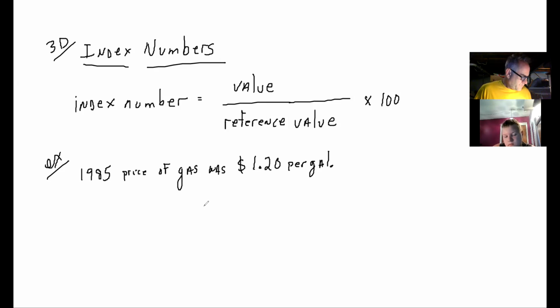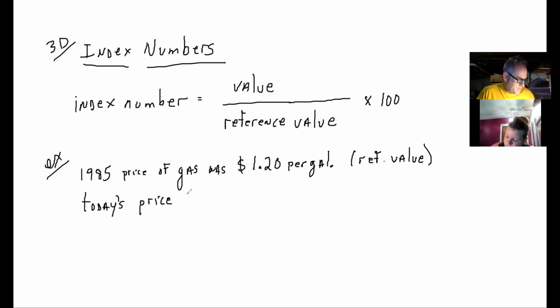All right. And we're going to use that as our reference value. So we're comparing to 1985. So this will be our reference value. And we're going to compare that to find a price index for gasoline today, which again, I'm just pulling a number here. So it's a little low if you've been to the gas pump recently, but not too far off. So $2.70 per gallon.